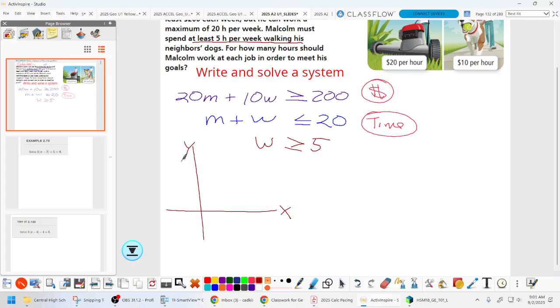But does mowing and walking, are there clear dependent versus independent? No. So in this case, just pick one of them and choose it to be your y variable. So which one do you want to pick? W. Okay, thank you for volunteering. No clear y variable, so pick one, and he's picking W.